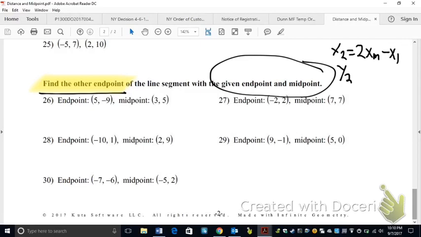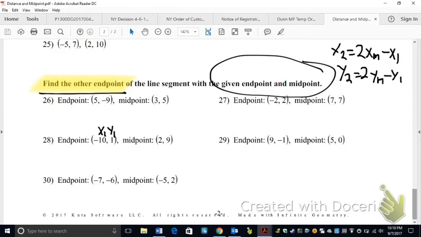We're then going to introduce x sub m and y sub m, the x value of my midpoint and the y value of my midpoint. And we went over in class how we got these. We got x2 equals 2xm minus x sub 1, and y sub 2 equals 2 times y sub m minus y sub 1.